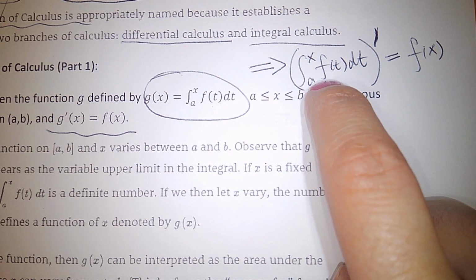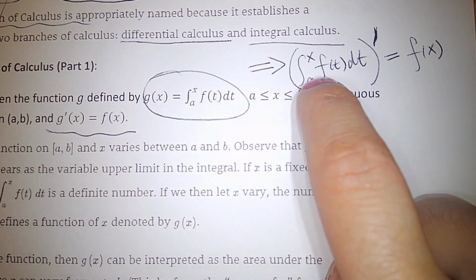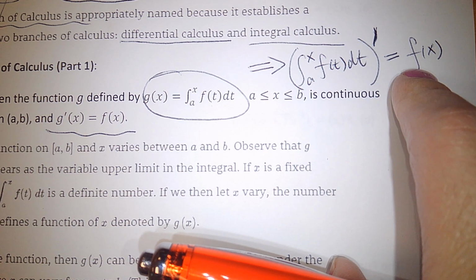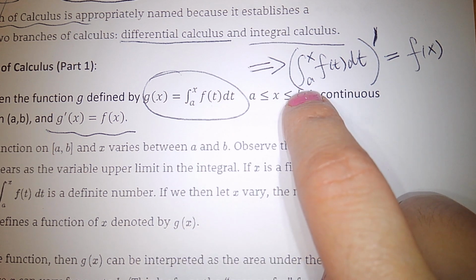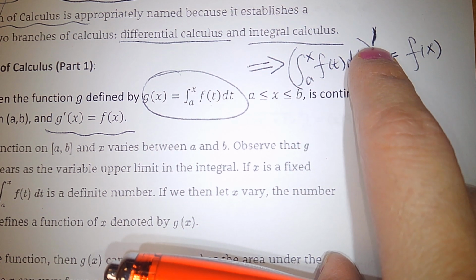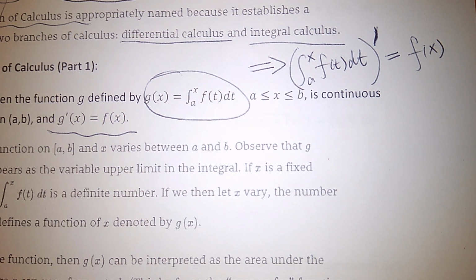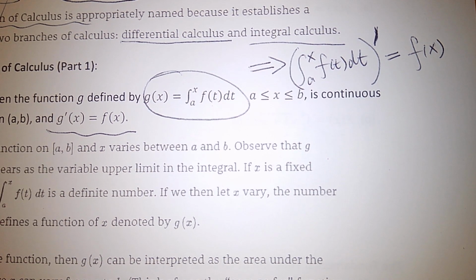Do you see that? From f, we integrate first, then we differentiate, and eventually we get f back. So integral and differentiation are a pair of opposite, reverse, or inverse actions, right? Does the same also hold true if you differentiate and then take the integral? Yeah, that's going to be the second part of the fundamental theorem.